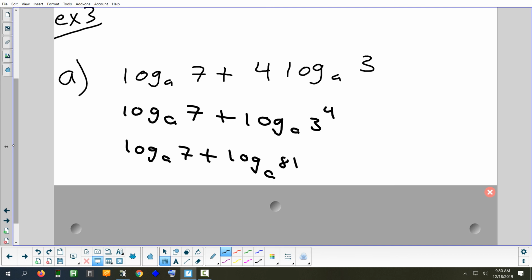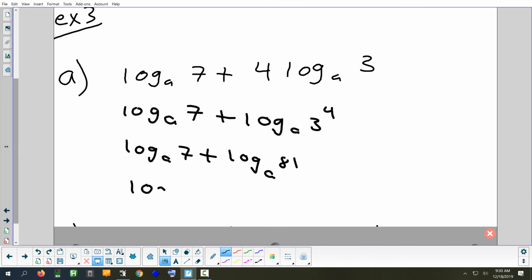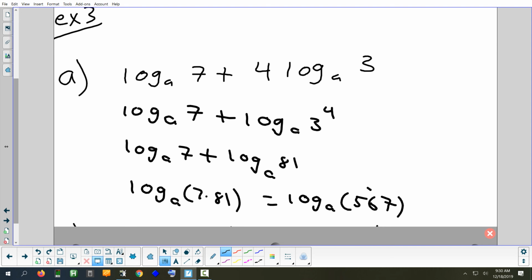We can combine that into a single log. When you have a sum, how does it recombine? Yeah. Since it's addition, it'd be multiplication. 7 times 81, which is 567. So log base a 567. And there's your answer, all combined back together.